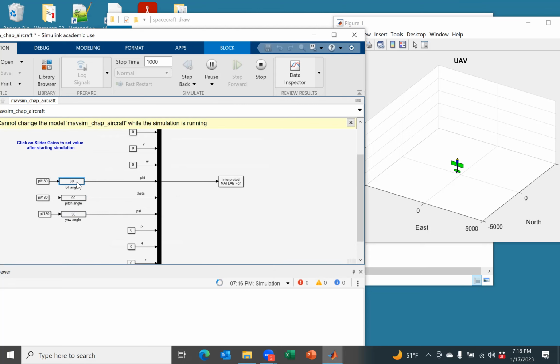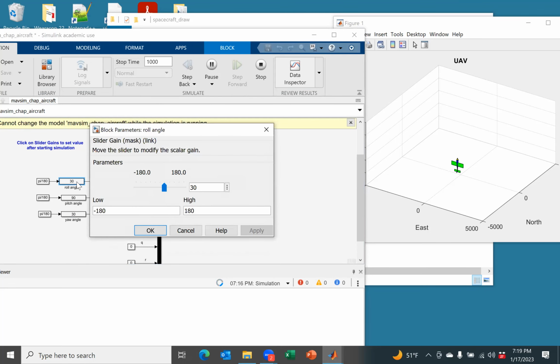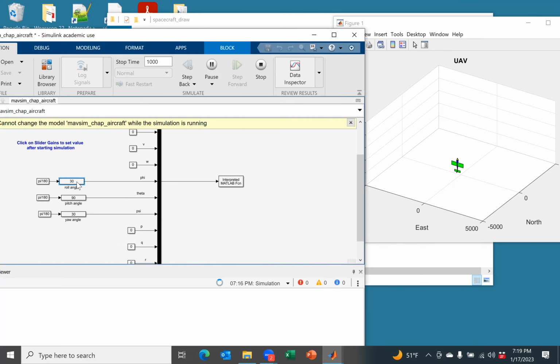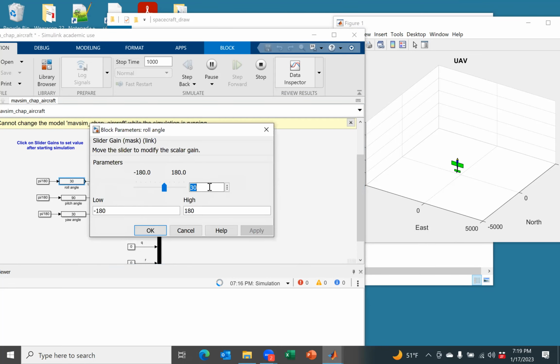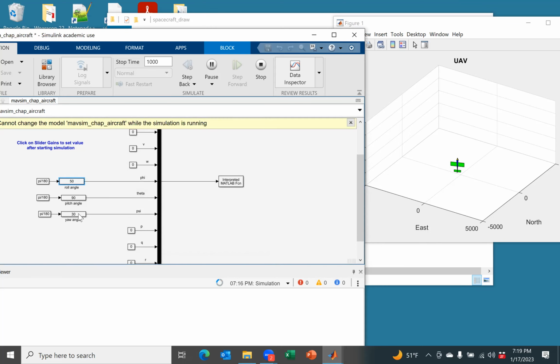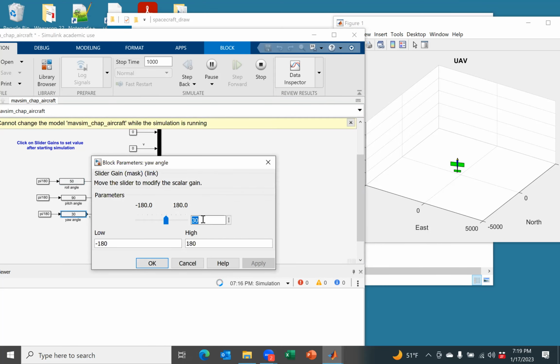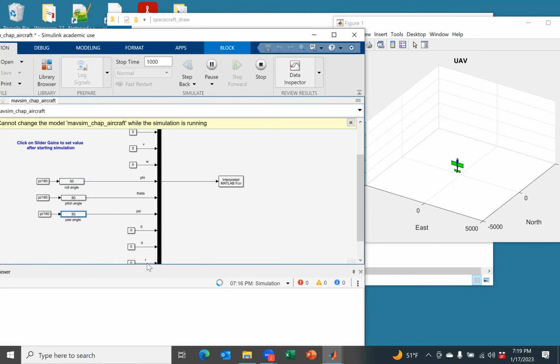If I change my roll angle to 50 degrees, and if I change my yaw angle to 50 degrees, can you see it is the same rotation, which means I have lost 1 degree of freedom. This is gimbal lock. And I'll stop here.